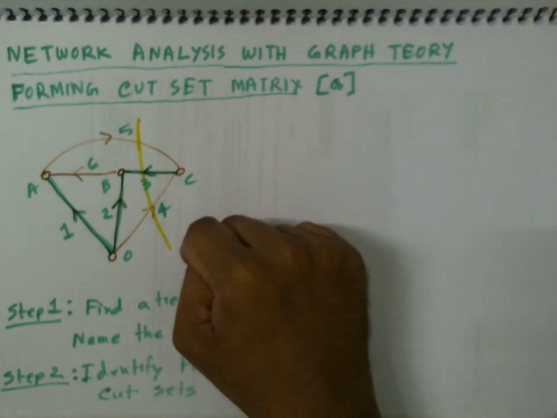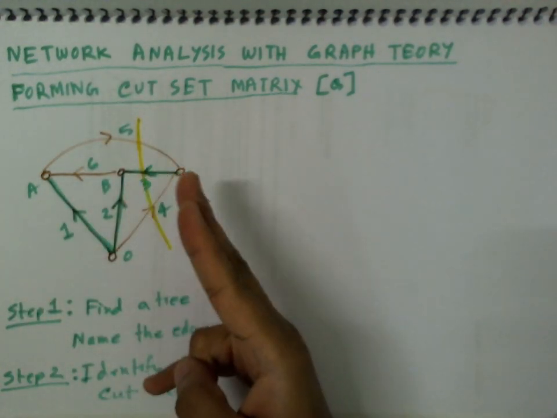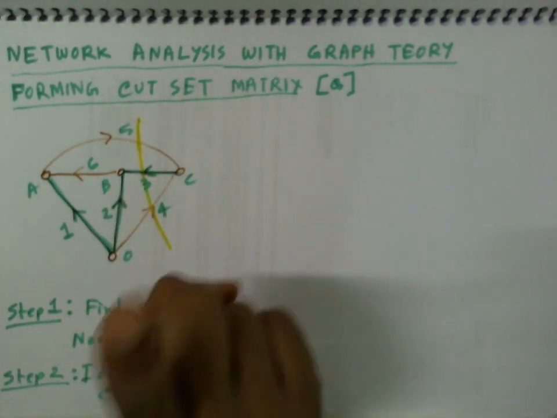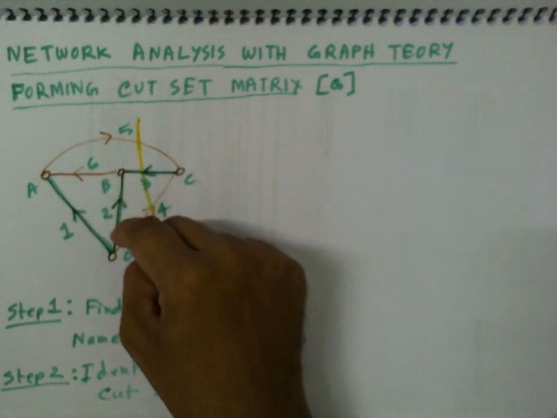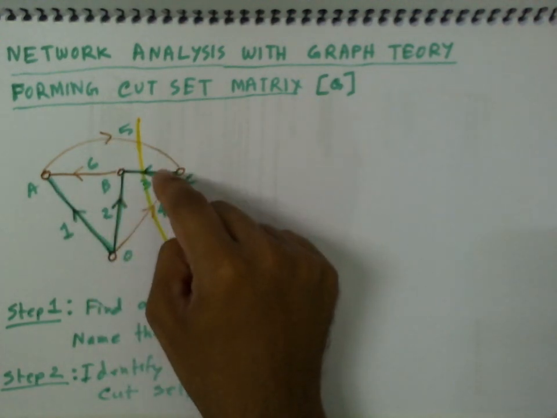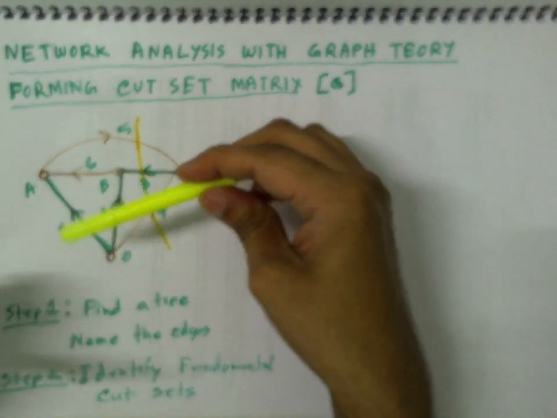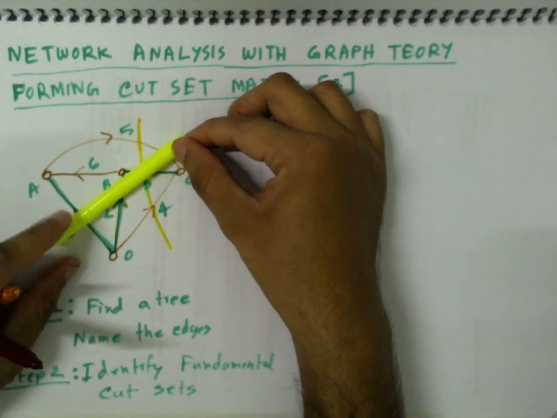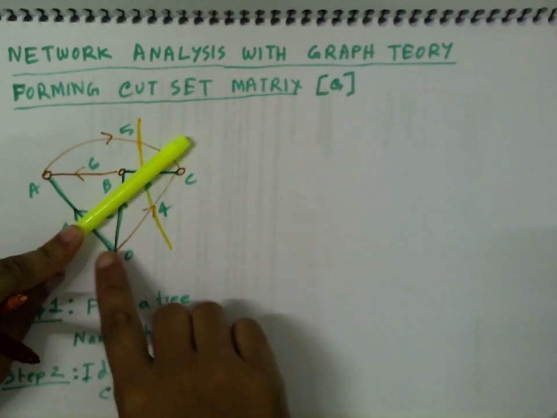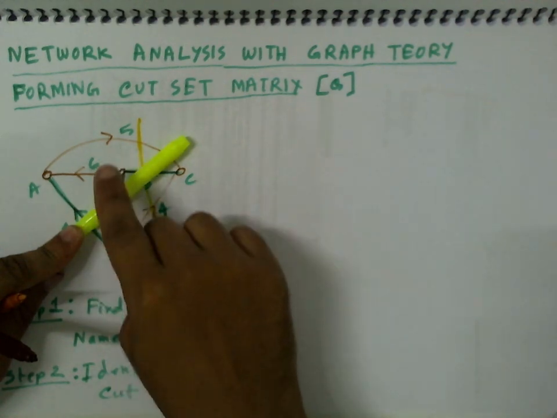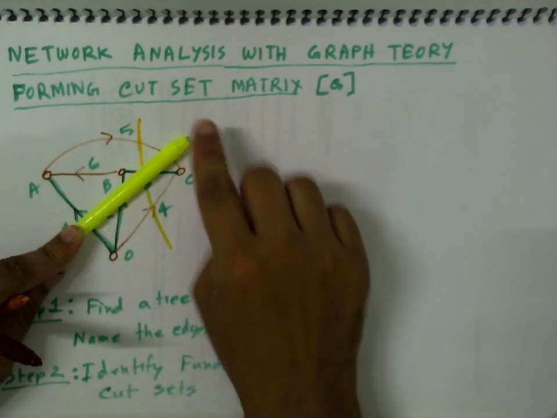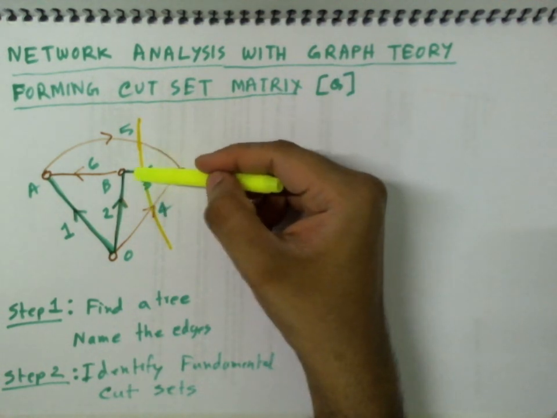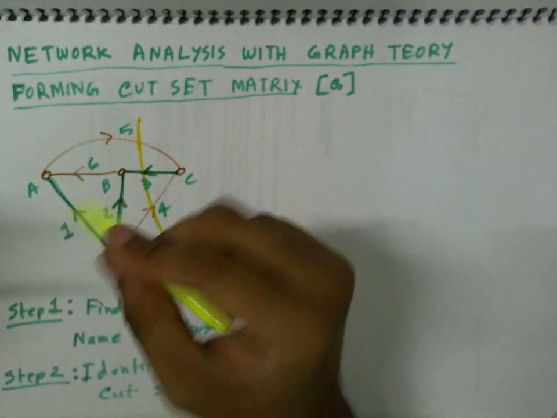The rule when you cut a graph is that this cut should pass through only one twig. Okay, it should not be like this. It should not be like this, like this pen, which passes through twigs 1, 2 and 3. This is not allowed. Take a cut like this which passes through only 1 twig. Then you can take maybe this one.